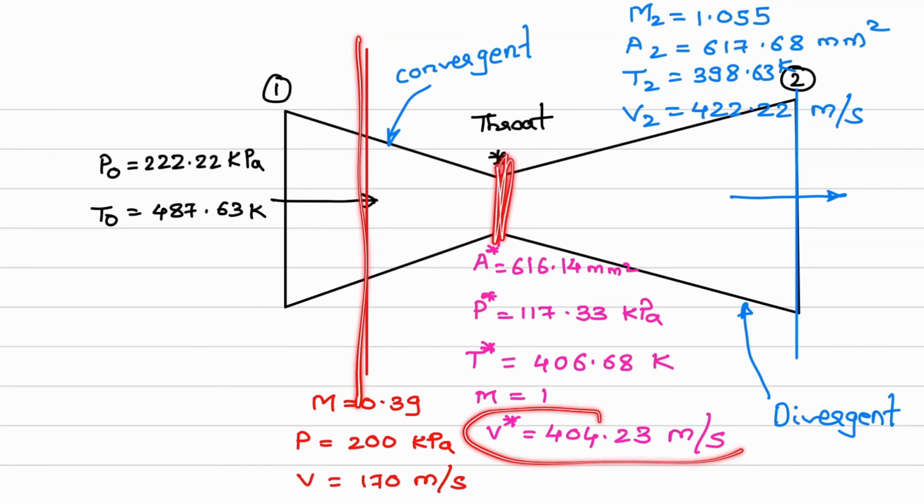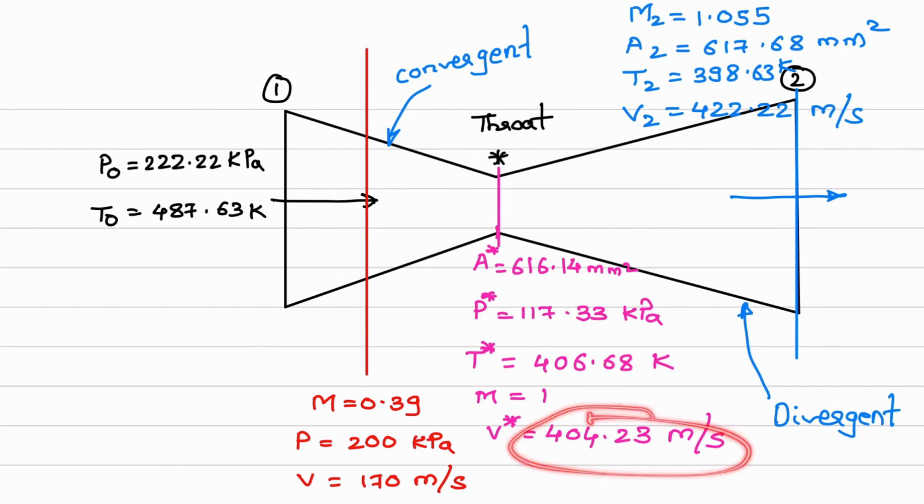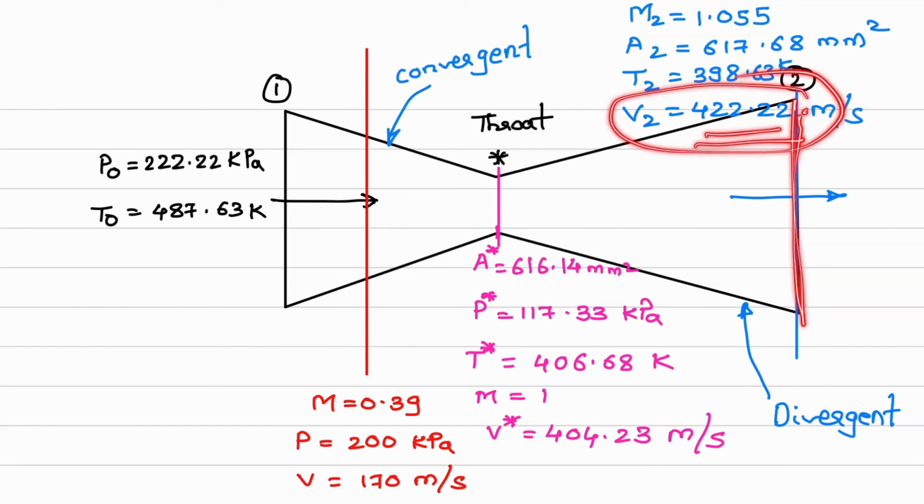What is the velocity of air? 404.23 meter per second. Now this is the sonic velocity of air at that particular section. Then at the exit, what is the velocity? 422.22 meter per second. So it is greater than 404.23 meter per second, meaning at exit condition we have supersonic.